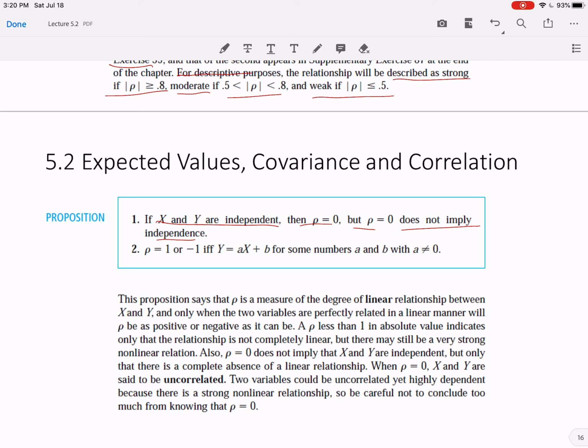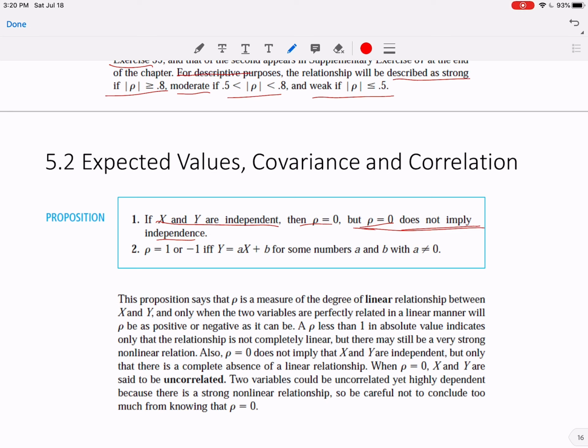But if rho is equal to 0, which means the correlation coefficient is 0, then we say there is no linear relationship between x and y, but there could be some other kinds of relationships. That's why we say that rho equal to 0 does not imply independence.